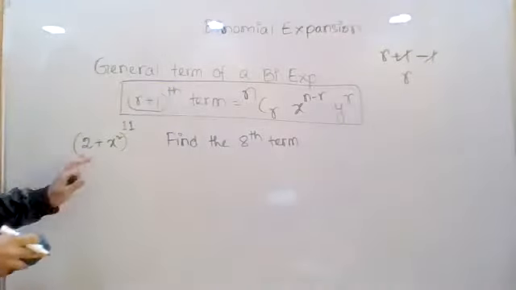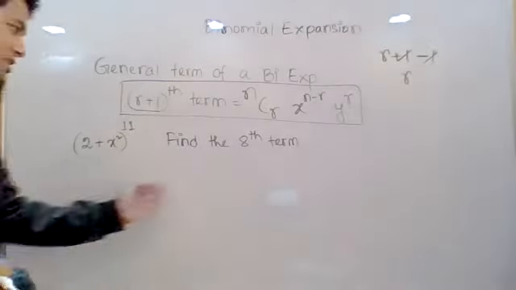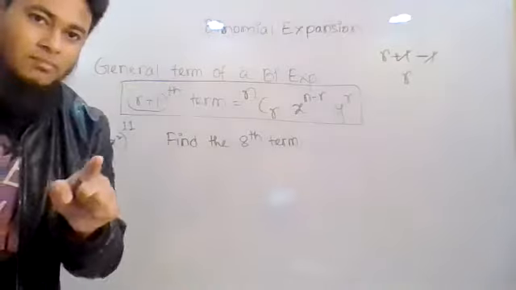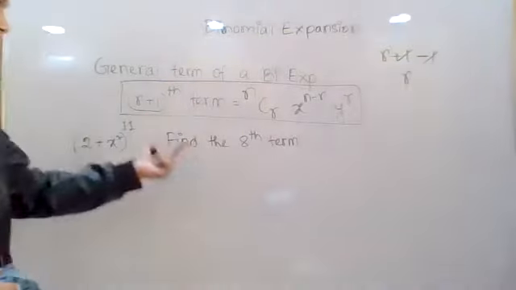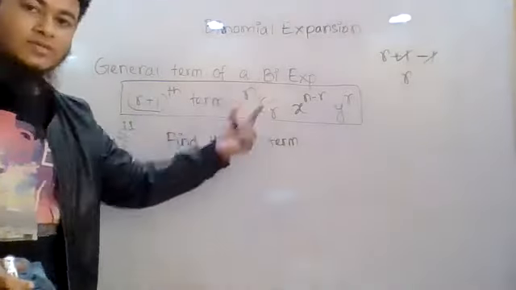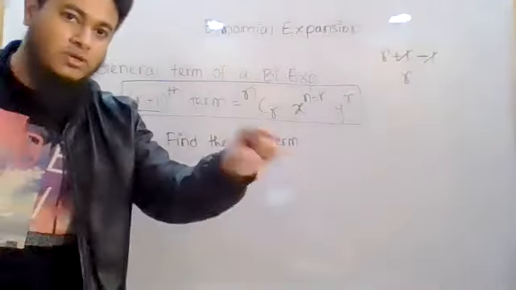Find the 8th term of this expansion. If you go on expanding it, at minimum till the 8th term you have to write to find the 8th term. But if you know this, then using this we can directly jump to the 8th term.